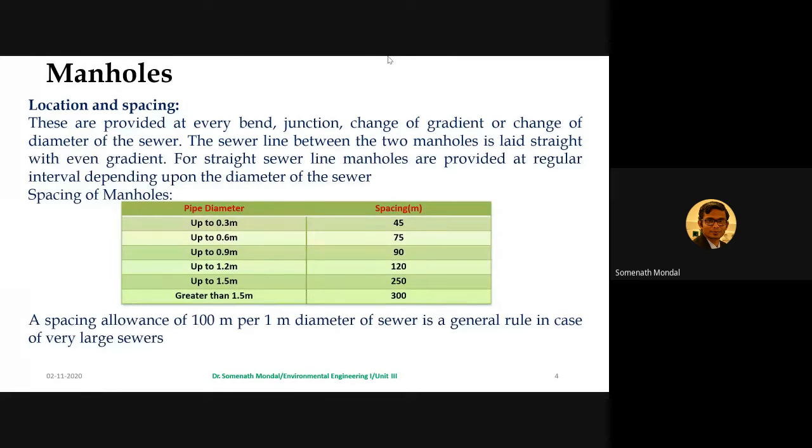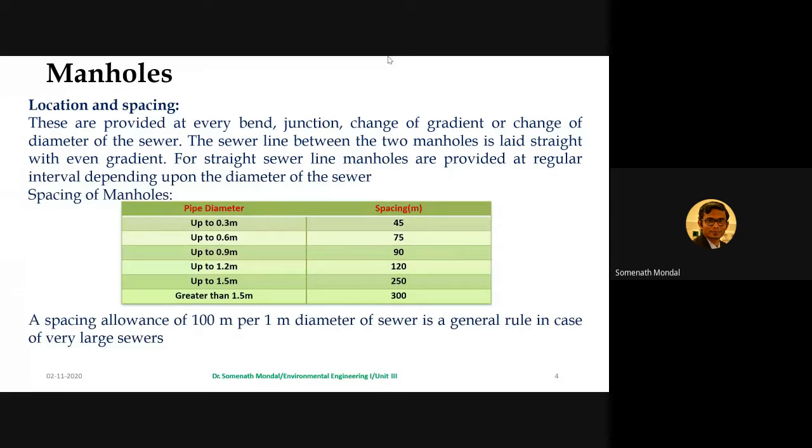A spacing allowance of 100 meters per 1 meter diameter of sewer is the general rule in case of very large sewers. So suppose you are working with a diameter more than 1.5 meters. In that case, you can follow this rule: a spacing allowance of 100 meters per 1 meter diameter of the sewer.